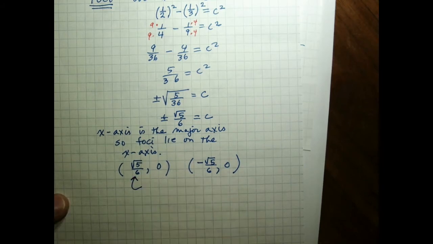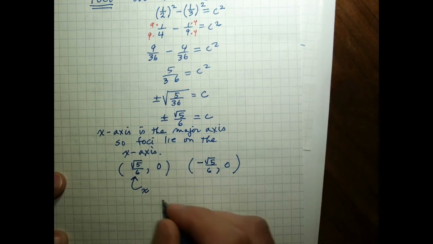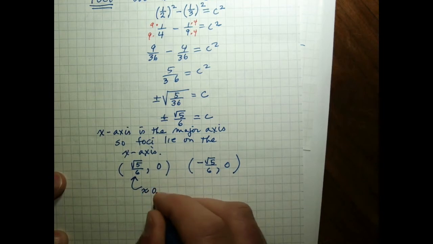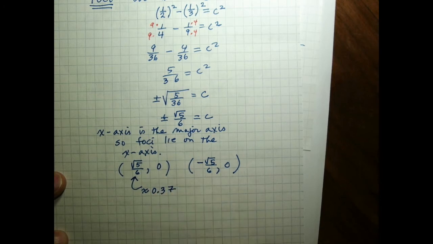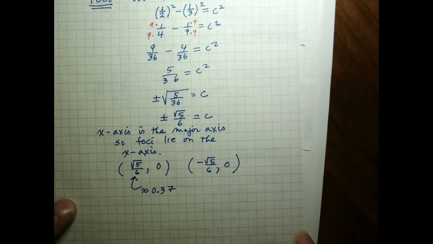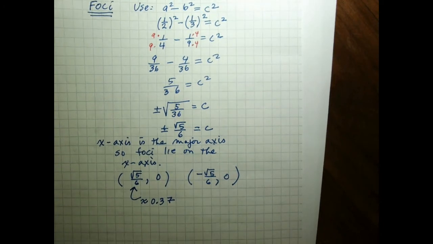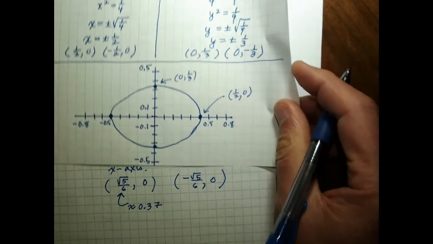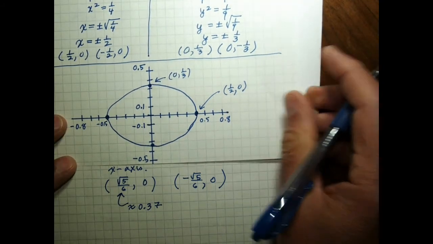It helps to use a calculator to get a decimal here. The square root of 5 over 6 is about 0.37. I got that on my calculator ahead of time. So let's go back to our graph now and add our foci.